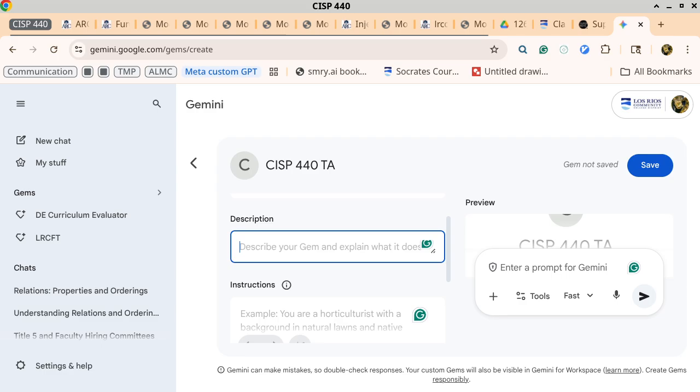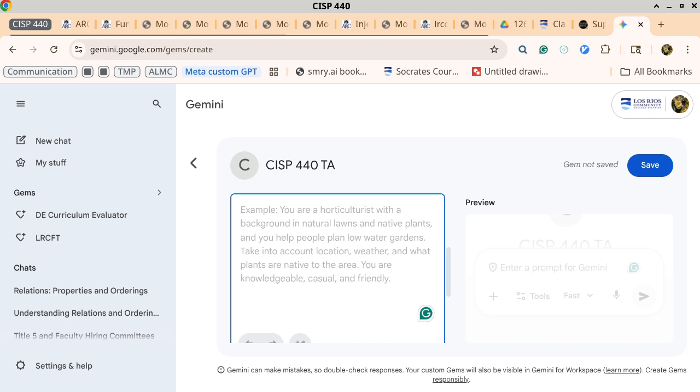So you just go like my personal study buddy, or Bubba, buddy. There we go, for CISP 440. The instruction is the key part. You have to describe the role of the AI in this context.